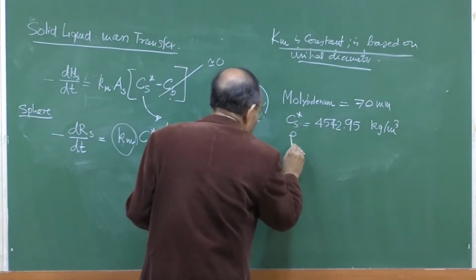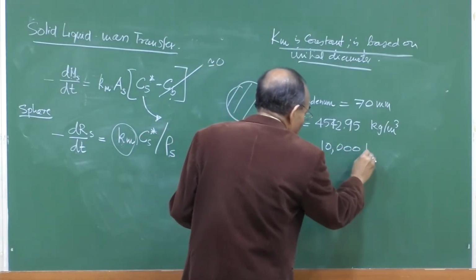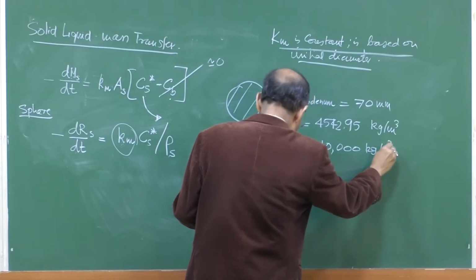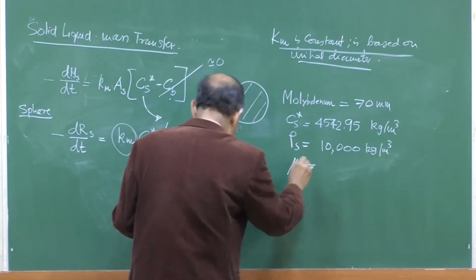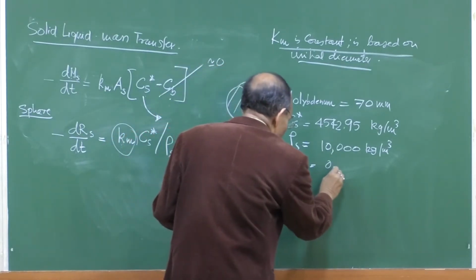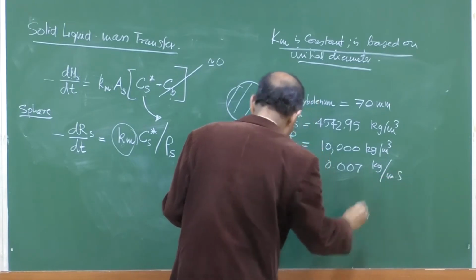The density of molybdenum, very heavy element, is 10,000 kg per meter cube. Mu of steel is given to be 0.007 kg per meter second.